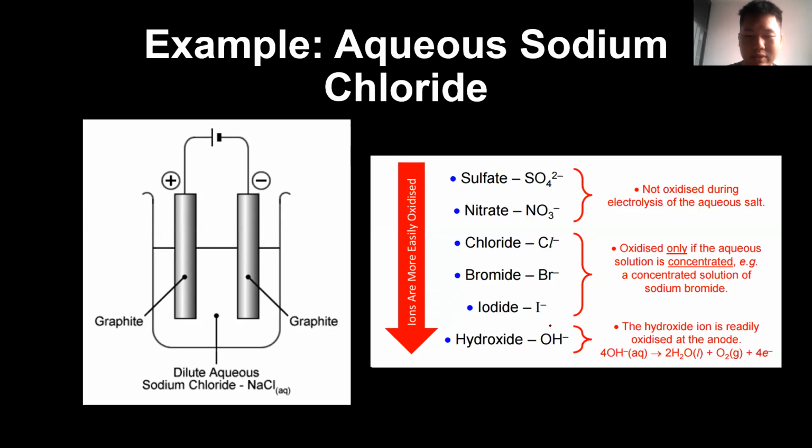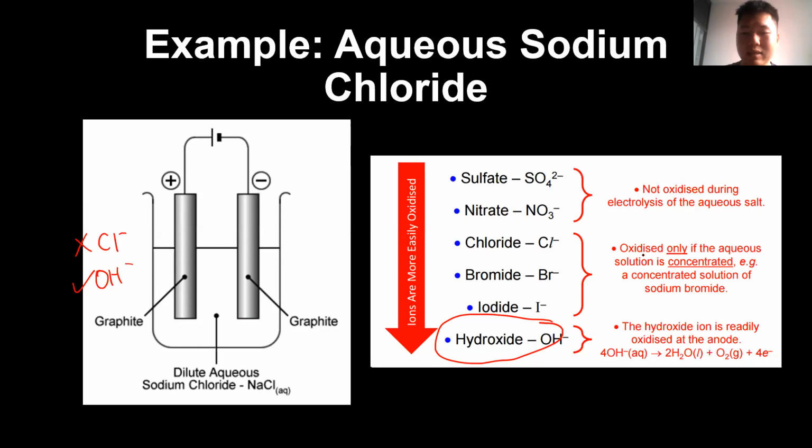At this lower end of the series, hydroxide is the most easily oxidized, so it will be the most preferentially discharged one. If we are comparing between OH- and Cl-, OH- will be discharged, and Cl- will just remain in the solution.